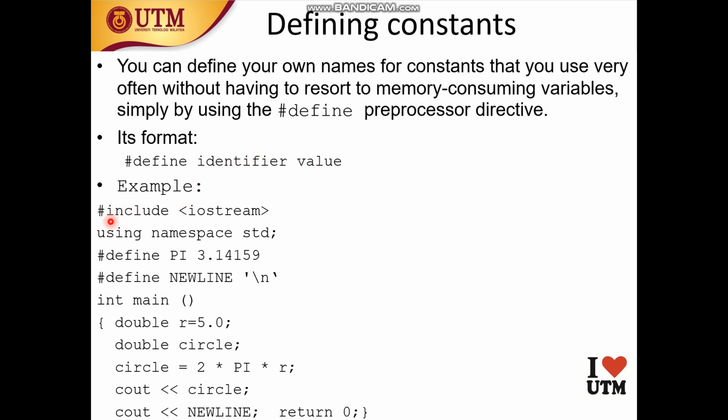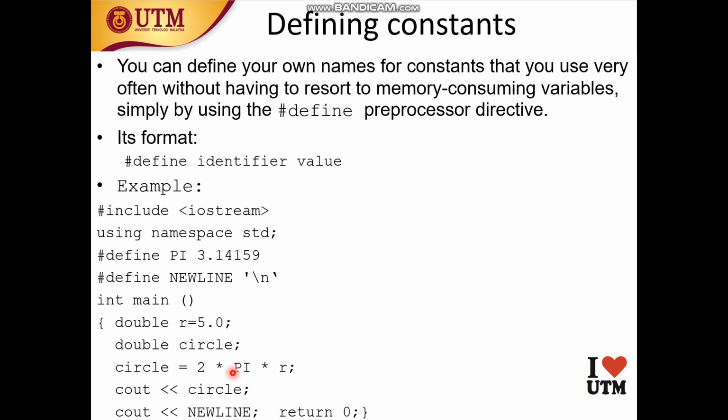For example, here we've got hash include iostream, using namespace std. We are going to define PI, which is the value of pi. You know that pi doesn't change during the execution of your program. Even the new line \n, we define it as NEWLINE. Here we use double r equal to radius, equal to this value, and double circle equals 2 multiplied by pi multiplied by r.